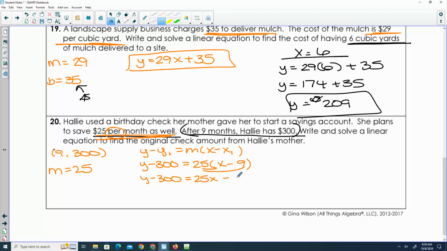So 25 times 9 is negative 225. Add over the 300. We get 25x plus 75.